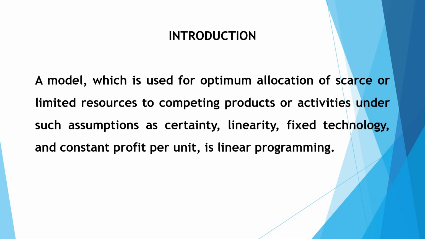Here certainty defines known and constant. Linearity means relationship between decision variables should be linear. Fixed technology means whatever your limited resources are. But all these three things we require to have the optimum profit.